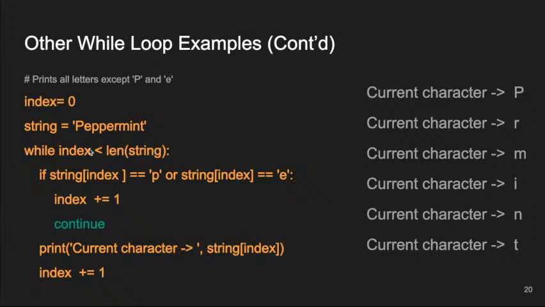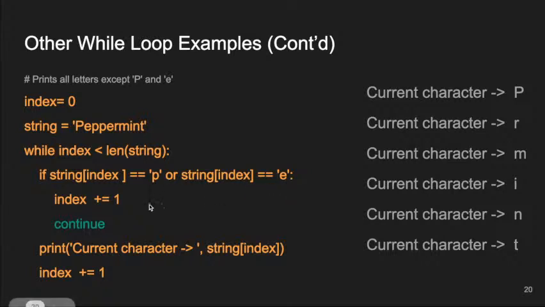While this condition is met, we can do this loop. You will notice that I'm checking the string at the particular index. I'm accessing the character using this. I'm checking if it's a p or if it's an e.